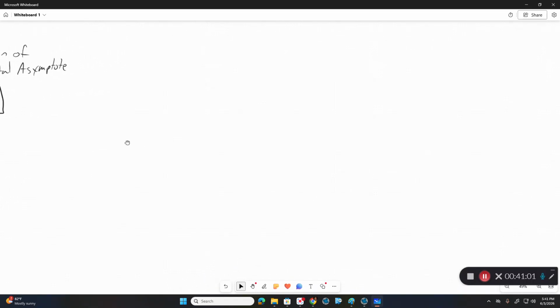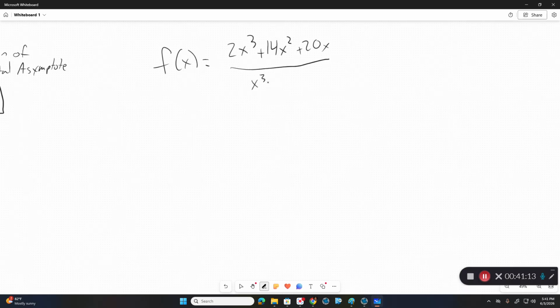Let's go vertical asymptotes. Reminder, f of x is 2x cubed plus 14x squared plus 20x divided by x cubed plus 5x squared. Now the first thing that we want to do when we're talking about vertical asymptotes is we want to make sure that we factor.